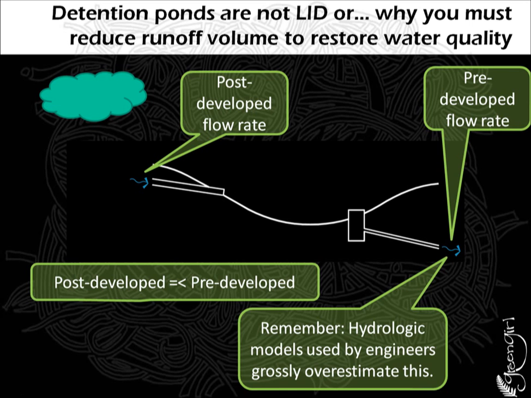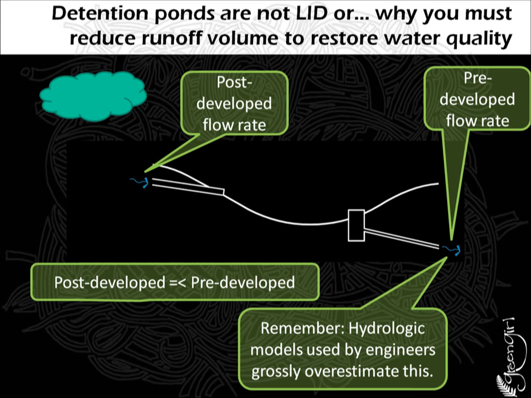But remember, hydrologic models used by engineers grossly overestimate this. Engineers and engineering designers like myself do not have a good model that will generate 0.5% of runoff. So we have to use our common sense when we do watershed restoration. We can't rely totally on models.